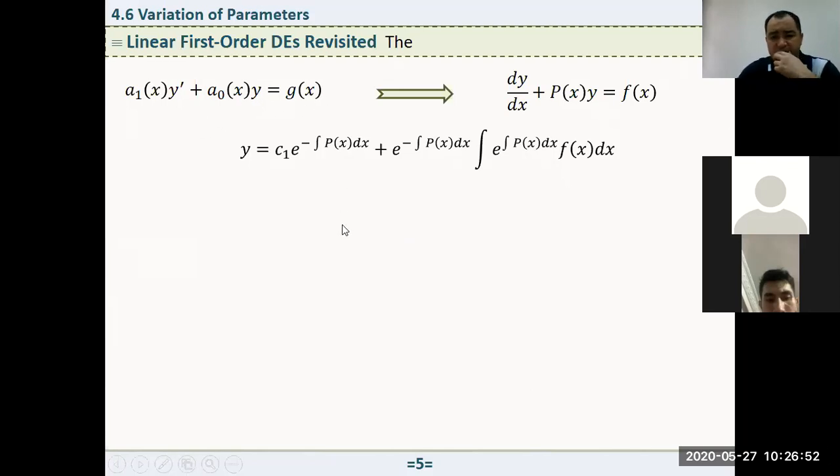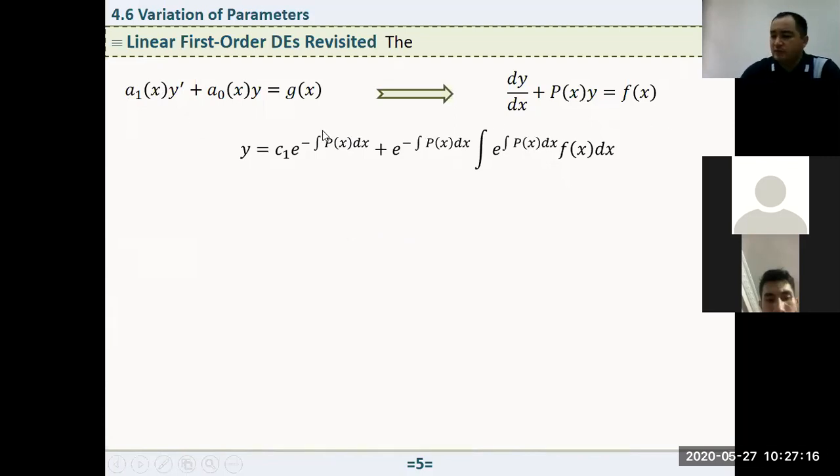How did we solve this? First, we had to bring this into the standard form. We suppose that a1 of x is never equal to 0 in the solution interval, and at that time we can change this into this form.